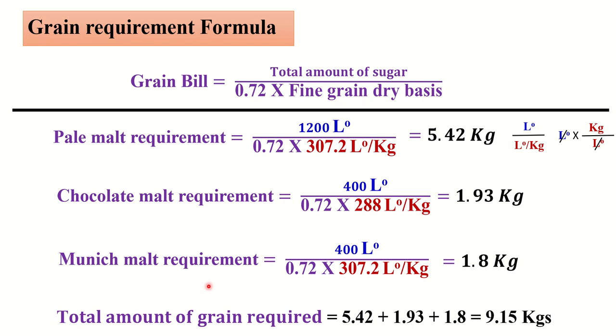So the cumulative grain requirement, we just add everything together. So we get 9.15 kg, which is your grain bill, or to say the grain requirement to produce an Irish red ale beer having a potential alcohol content of 10% volume by volume.